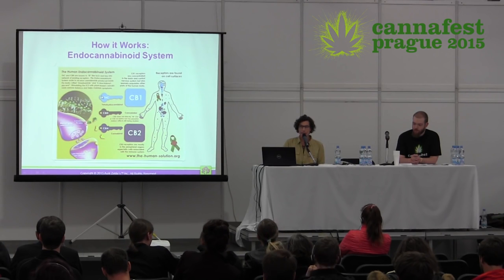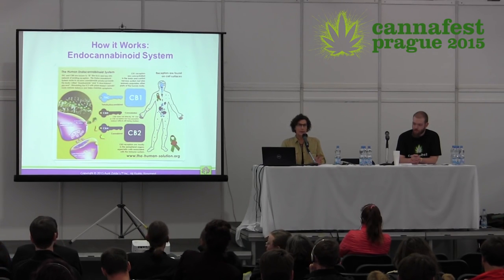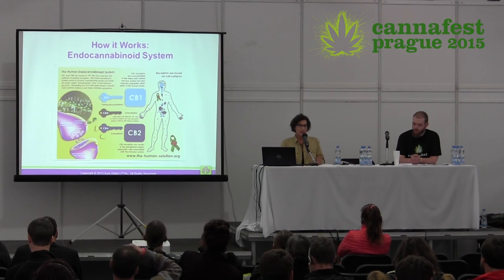So the THC acts as a key to go in and activate the receptor sites, whereas with CBD we're not really sure exactly how it acts on them. That's why we have research that needs to be done and has been done to understand more about it. But we do know that it is an antagonist, so if you've taken too much THC, you can take some CBD and it'll bring you down.